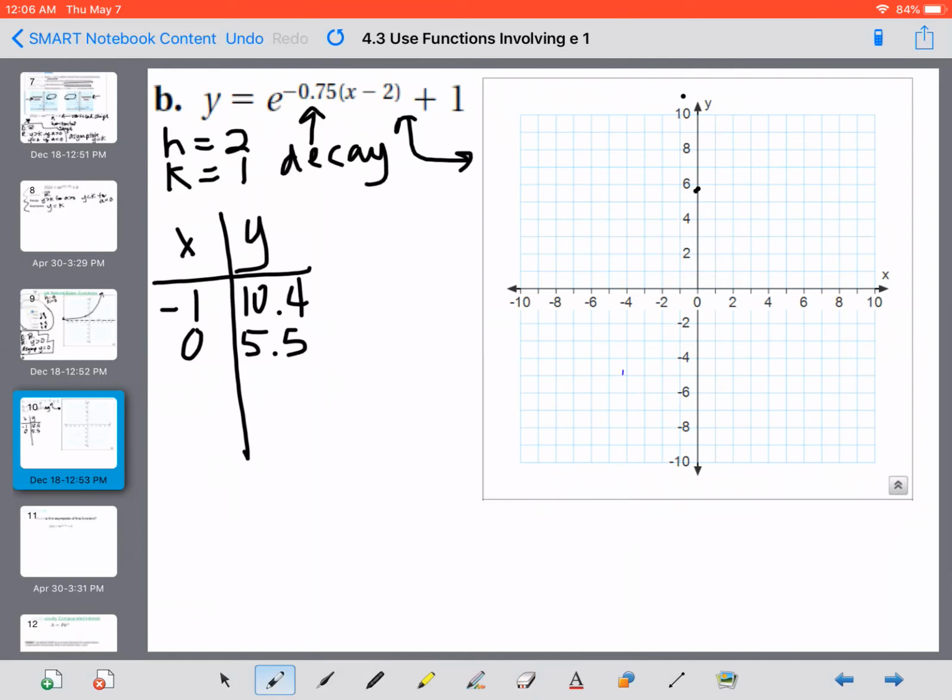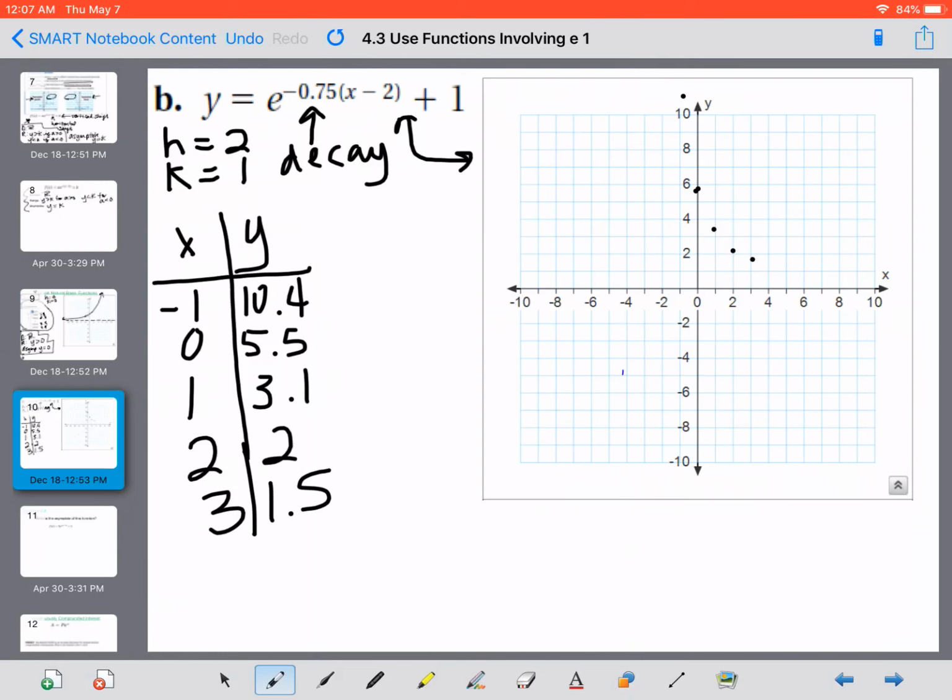Yeah, close. Alright, when x is 1, y is 3.1. So go to 3.1, barely above. 2 is 2. And 3 is 1.5.